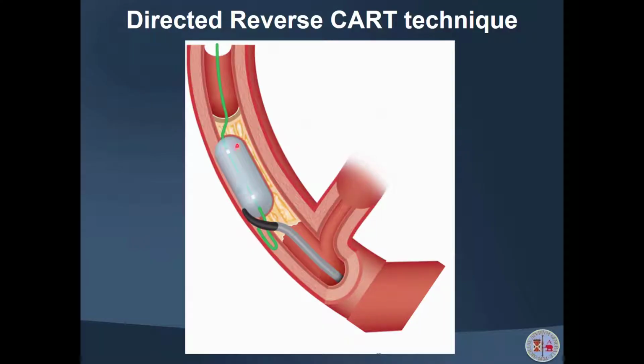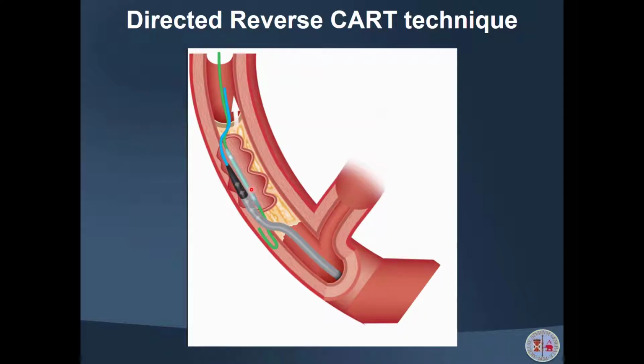But of course, this is sometimes not so easy, because this directed reverse CART technique sometimes ends up in a sort of old-fashioned reverse CART technique with a lot of dissection around the proximal cap, and sometimes difficulty of the two wires to regain the same subintimal space.